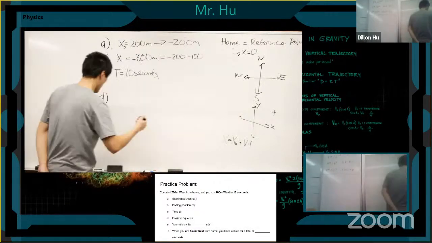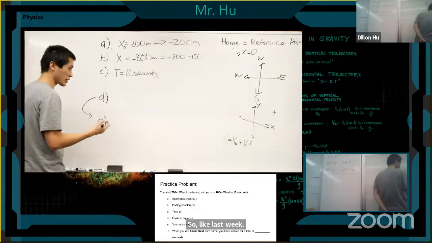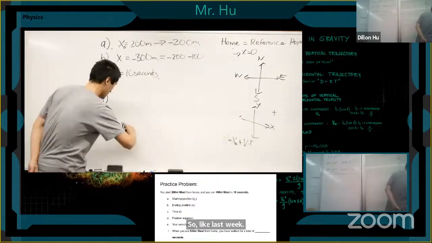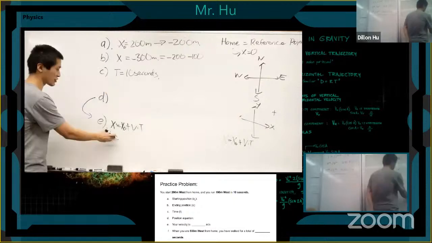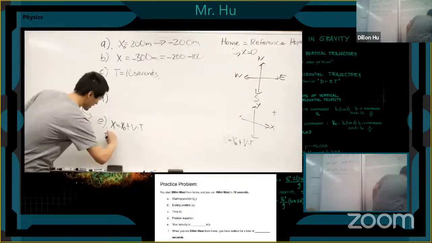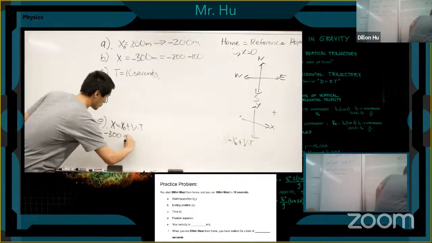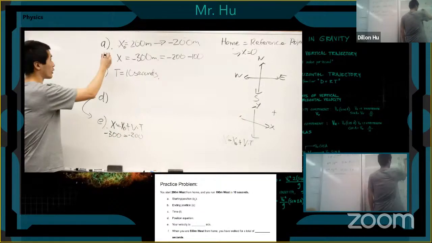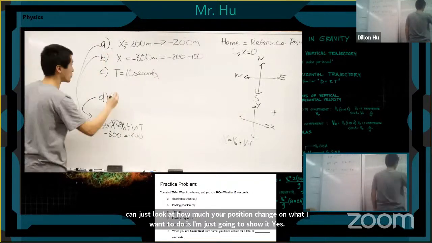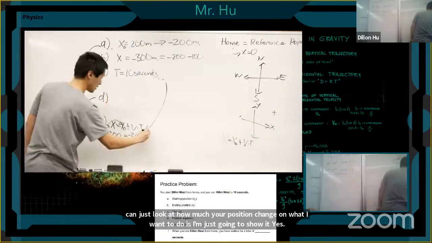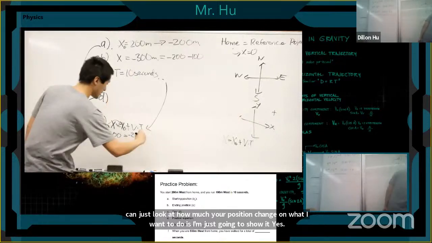What I want to do is show you how to use this equation again. In this particular problem, if I say x is equal to x naught, my final position is negative 300. My initial position is negative 200. I'm going to plug this in, plug my time here, and then plus v times t.